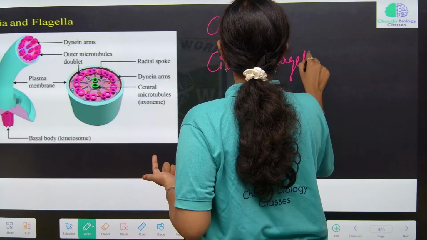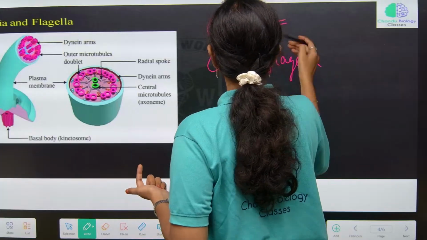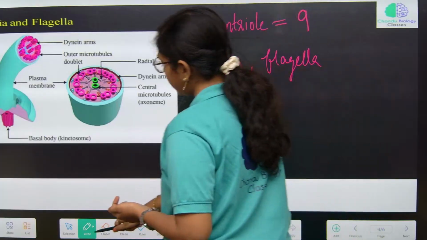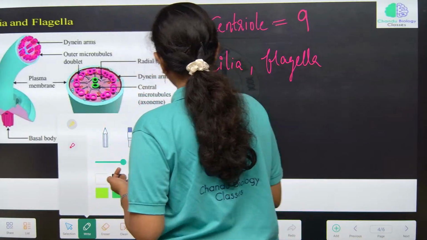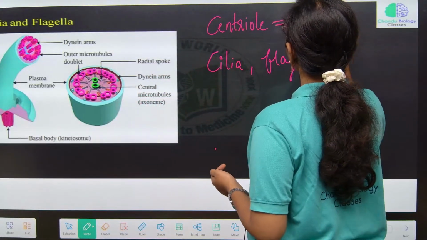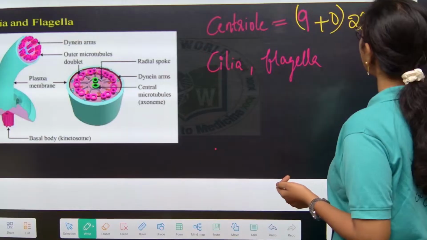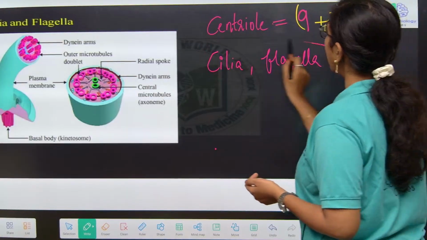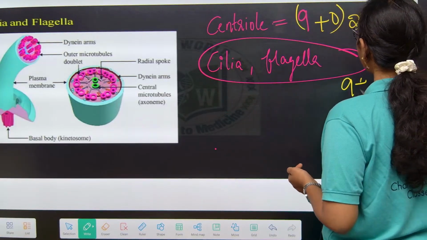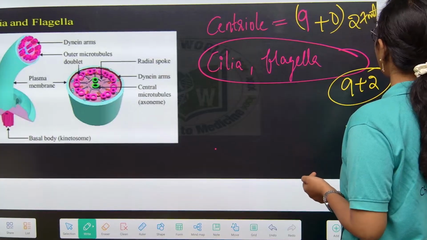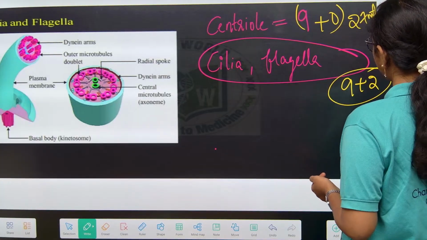The total number of microtubules in a centriole will be 9+0, 9 plus 0, and total how many? 27 microtubules. In cilia and flagella it is 9 plus 2 and total it is 18 microtubules.